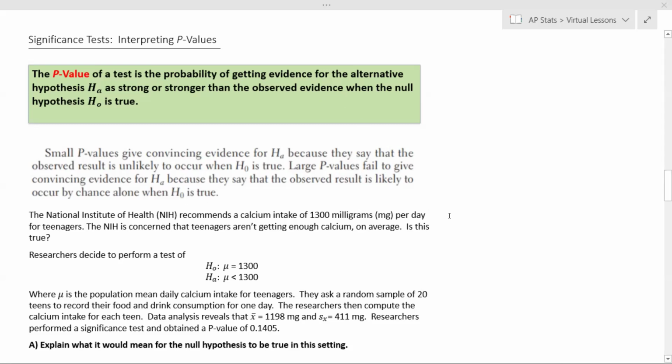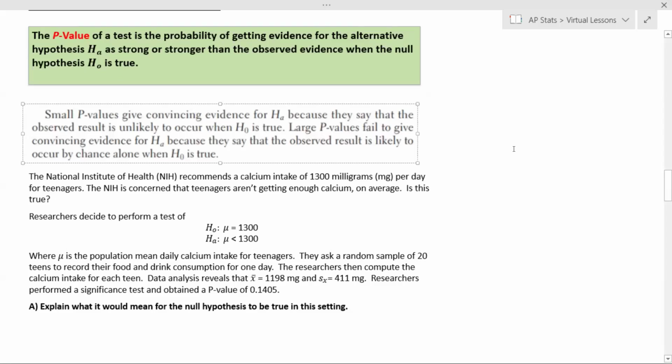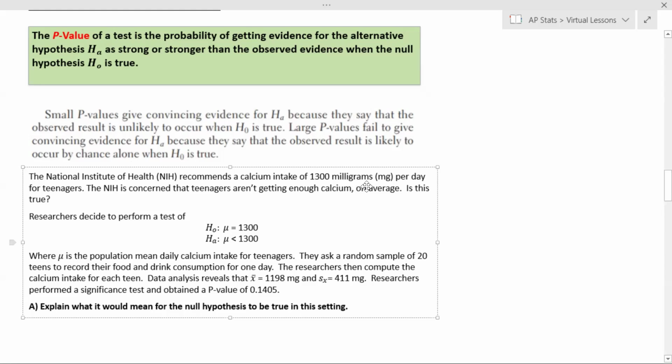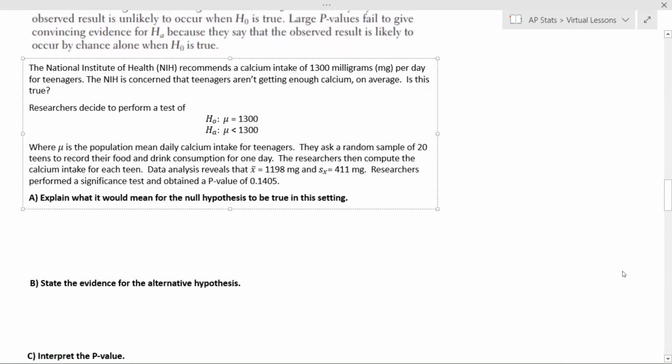So the National Institute of Health recommends a calcium intake of 1,300 milligrams per day for teenagers. The NIH is concerned that teenagers aren't getting enough calcium on average. Is this true? So researchers decide to perform a test of null where the mean is 1,300 against the alternative where the mean is less than 1,300, where mu is the population mean daily calcium intake for teenagers.